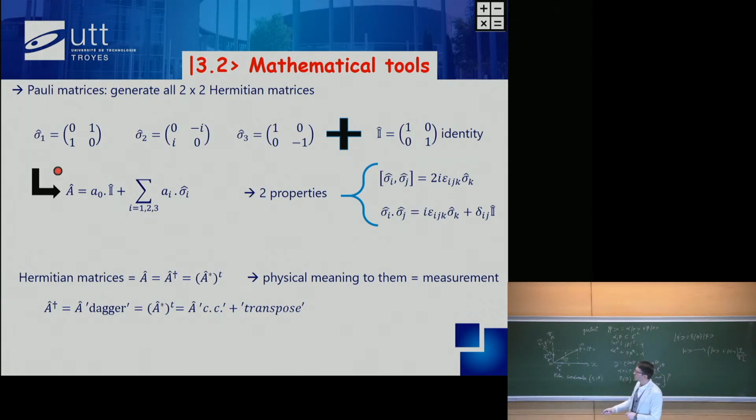Associated to that, there are some properties of commutation and multiplication between them. For now this may not be clear, but we'll get back to that later on. Just know that these matrices, sigma i, sigma j, and sigma k, where i, j, and k are 1, 2, and 3, are linked with each other, and you can go from one to the other.